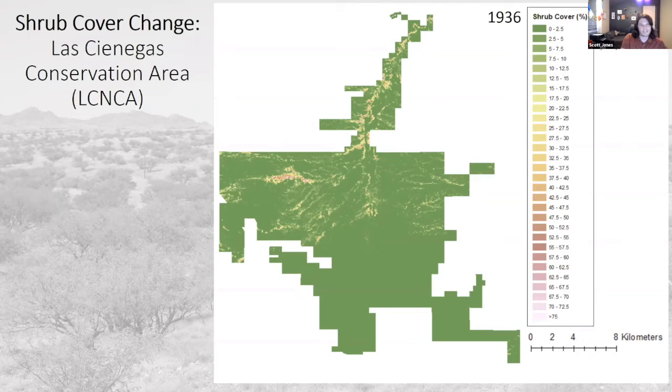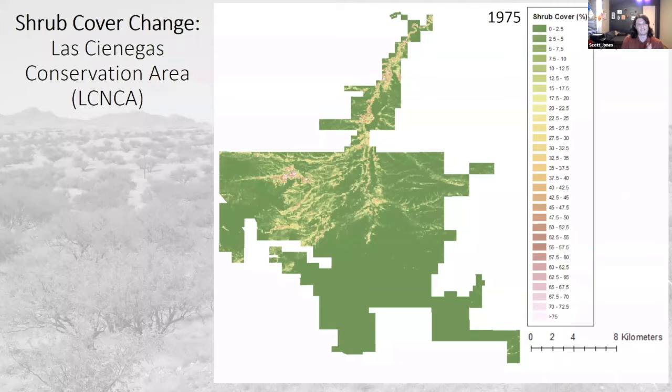We can start at 1936 if you want to get oriented. Right here is about where Empire Ranch is. Some areas to really focus on is this little area down here, which is a clayey swale, and then the loamy uplands right here. So from 1936, we jump up to 1975, and you can see shrubs have really started to move away from those channels.